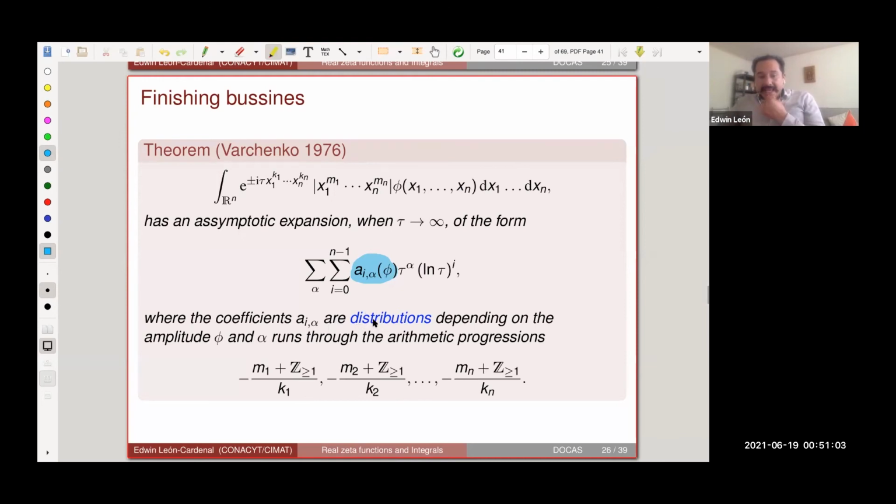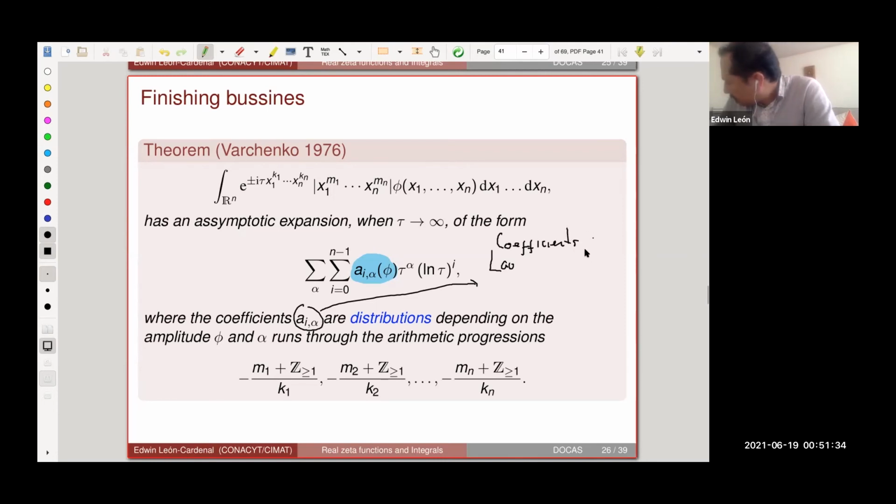Moreover, these distributions are given as the coefficients of the poles in the Laurent expansion of the local zeta function.